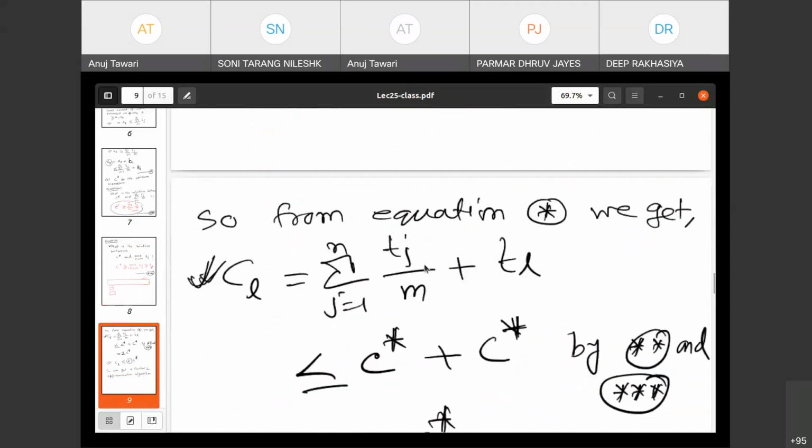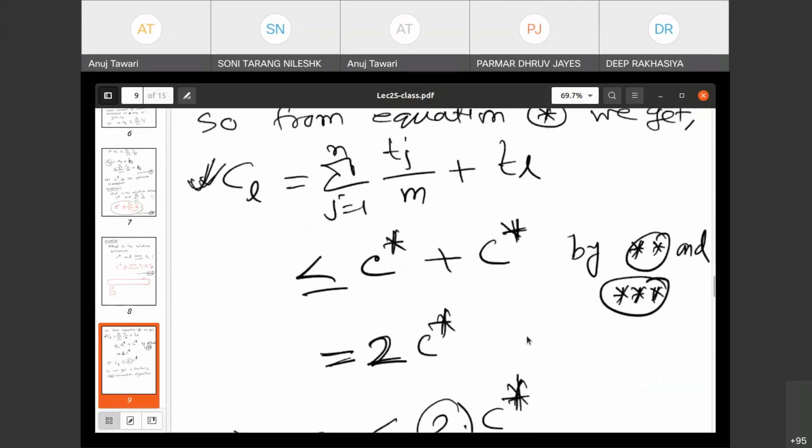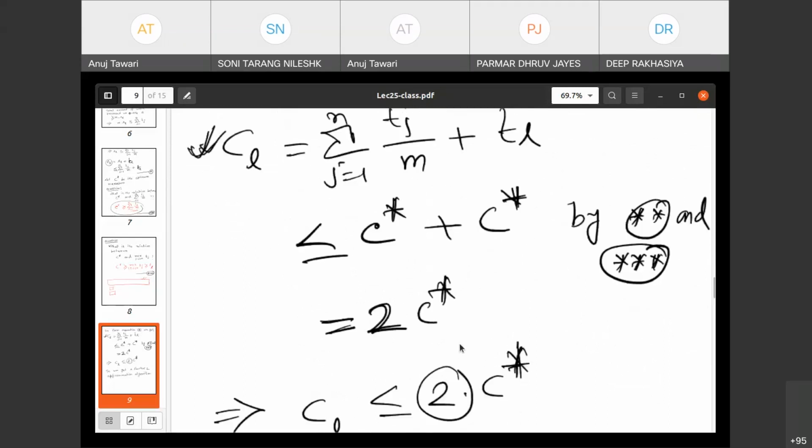And we know that both these quantities are less than or equal to C star. So C star should be at least summation Tj by M and C star should be at least TL. And so we get that this solution will be at most twice C star. So CL is at most twice the optimum solution via this particular algorithmic approach.